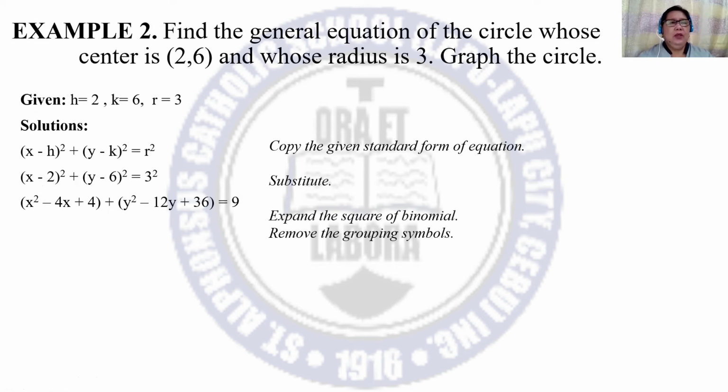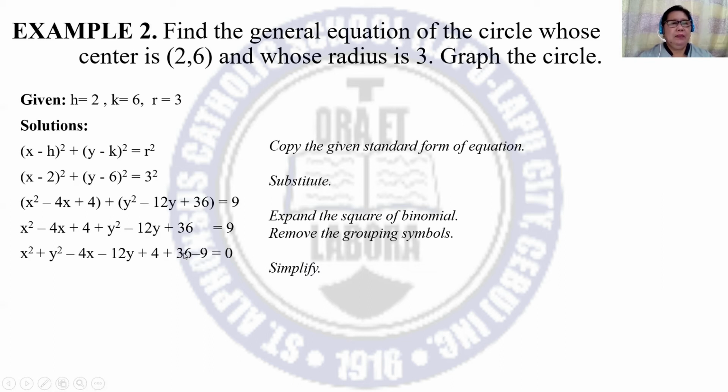Then we have to remove the grouping symbol. Just copy and then simplify. So we have x squared followed by y squared, then negative 4x minus 12y plus 4 plus 36, and you transpose 9.